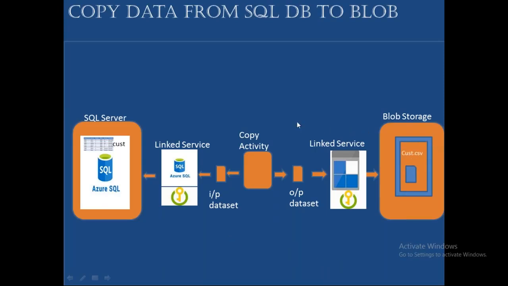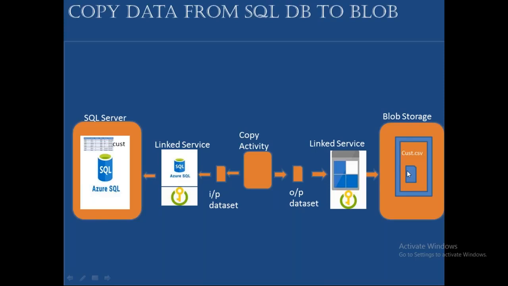We also learned that if you have table data, you can load it in different file formats: CSV, Parquet, Avro, JSON, all those things. Today I'm going with CSV, but we also learned JSON, so if possible I will show you JSON as well.